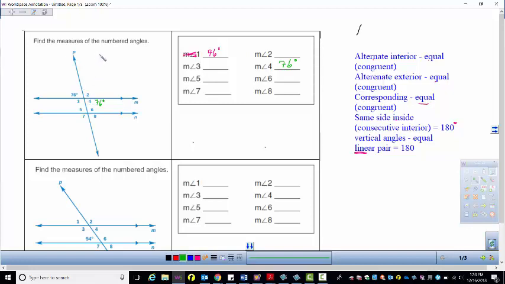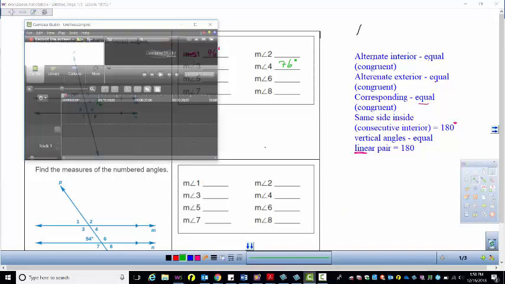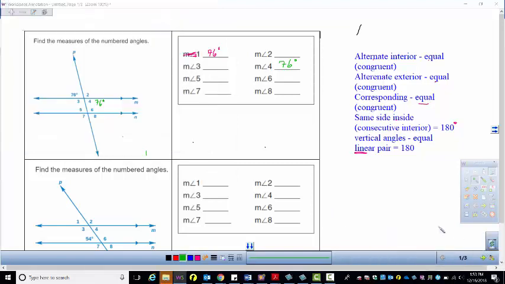So if I take 180 minus 76 is 104 degrees. So angle 2 is 104 degrees.